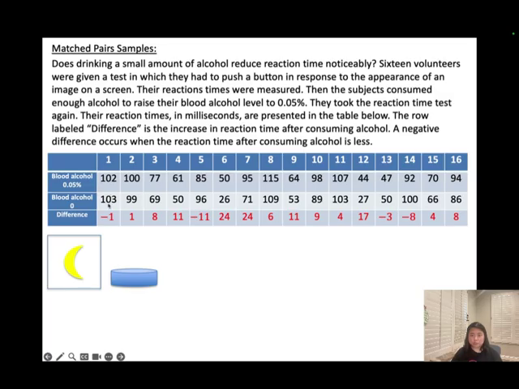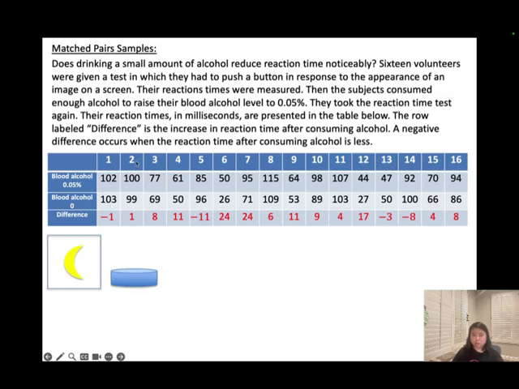So the first person, before consuming any alcohol, has a reaction time of 102 milliseconds. After they consume the alcohol, they redo the test, and this is the second set of reaction time data. The first person, after consuming the alcohol, has a reaction time of 103 milliseconds, a little bit slower.